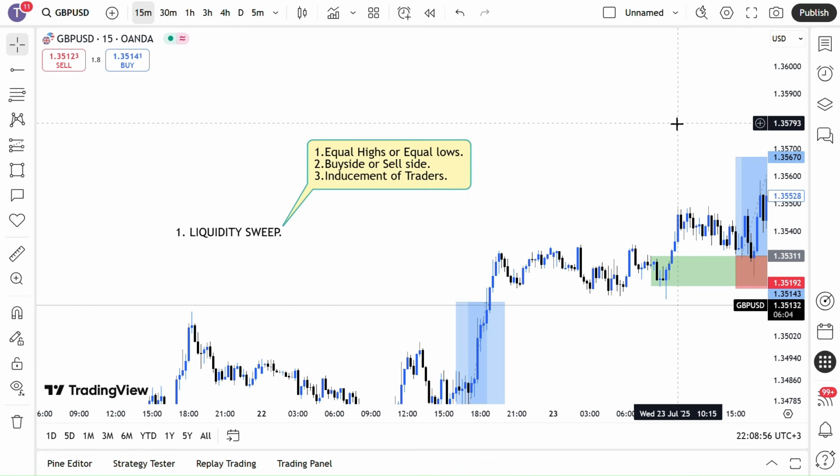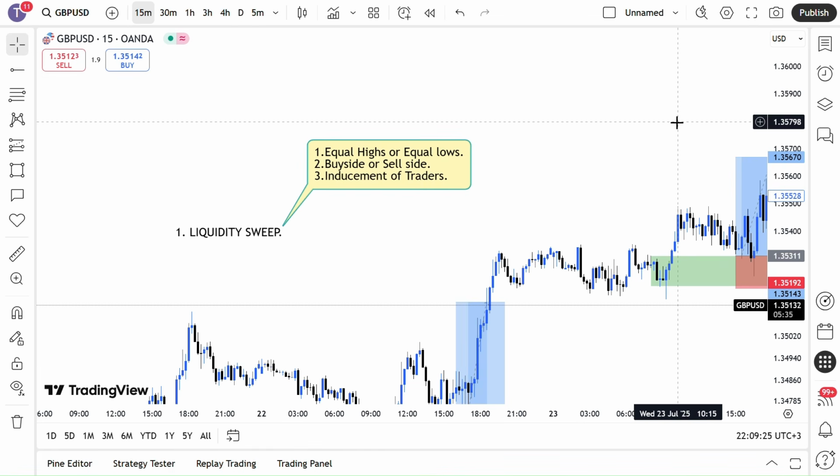When I say inducements, I mean inducements are there to trap traders from trying to trade from those pullbacks that we call inducements. Here is where playing smart comes in, that you should be able to locate the inducements as I have been showing you in the previous videos.